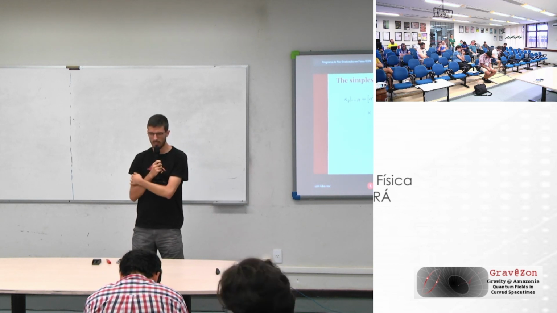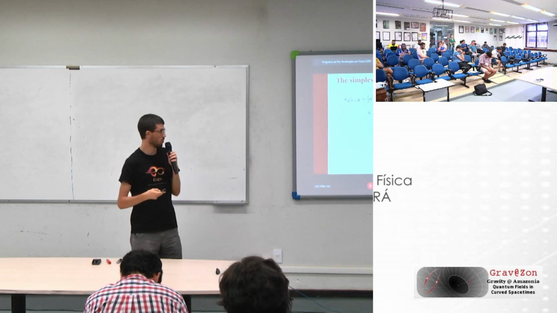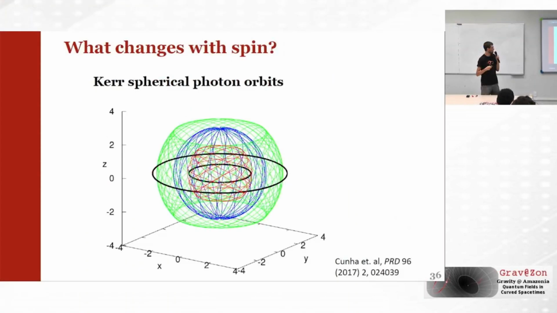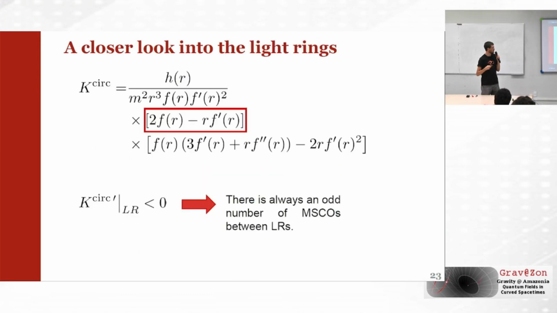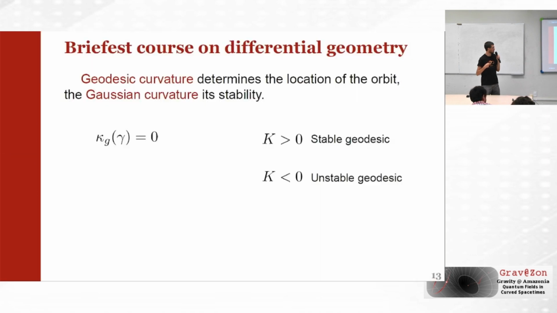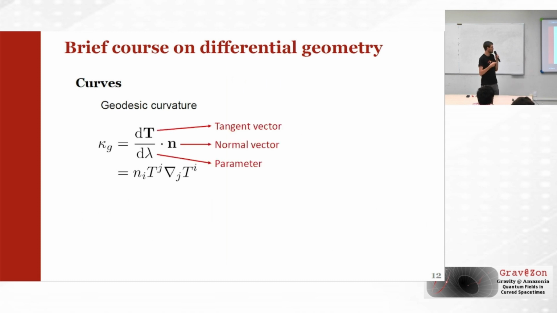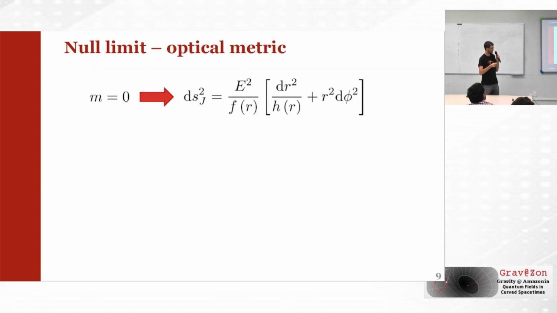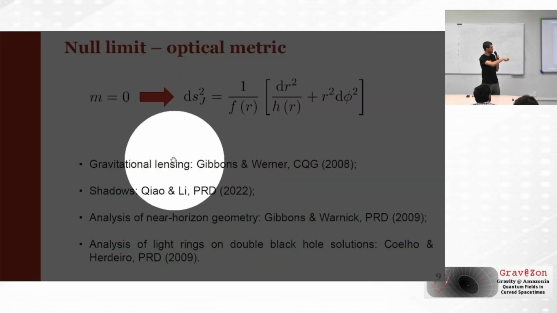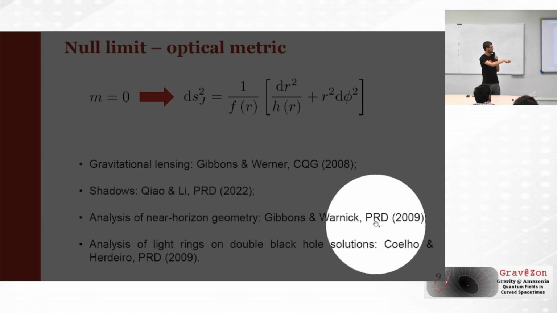But you are asking about something else. I can go back to where I showed you some literature, because the Gauss-Bonnet theorem was used in a paper by Gibbons to state, for example, which kind of geodesics are possible in a given space-time. It's this one. If you are interested in that, I recommend you check this paper by Gibbons and Warnick and this paper by Gibbons and Werner.